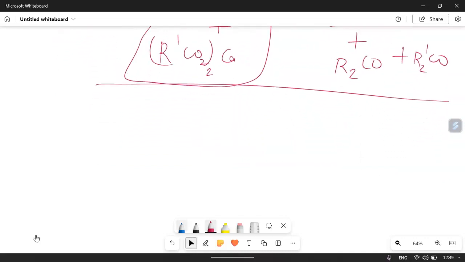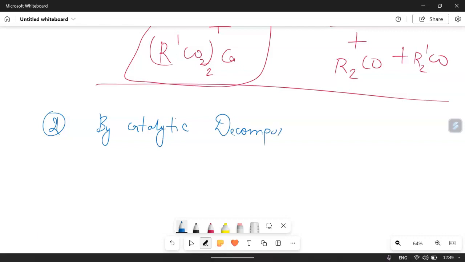The next method is very important. Method number 2, or you can say 10th, by catalytic decomposition of fatty acid. Okay, so how we can do it?